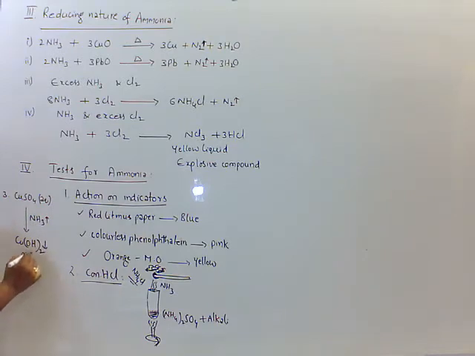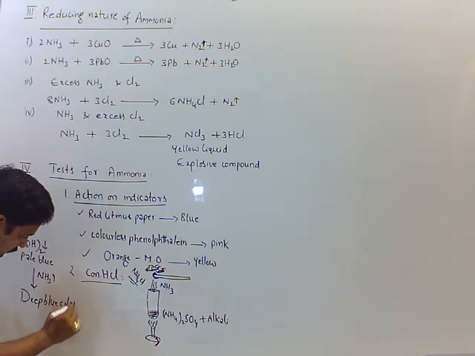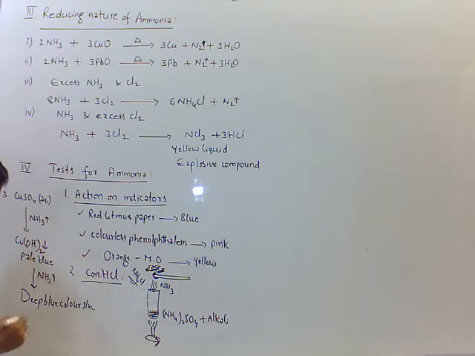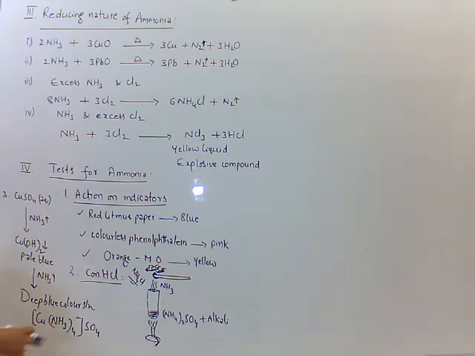This is a pale blue color precipitate, and when excess ammonia gas is passed through it, it becomes a deep blue color solution. The deep blue color solution is formed due to the formation of [Cu(NH3)4]SO4. Its name is tetraamine copper 2 sulfate.